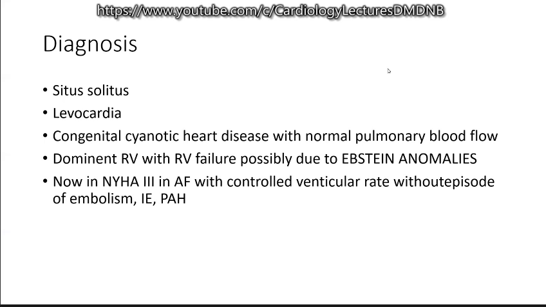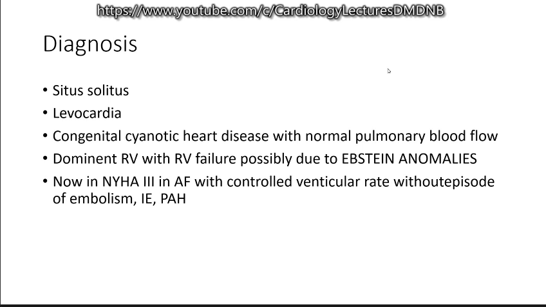Yes, sir. Okay. Now, what are the complications of Ebstein anomaly? And what is the most important thing which decides the life expectancy of patients with Ebstein anomaly? Sir, it is how much displaced the leaflet is, how much enlargement of the RV, that decides that.